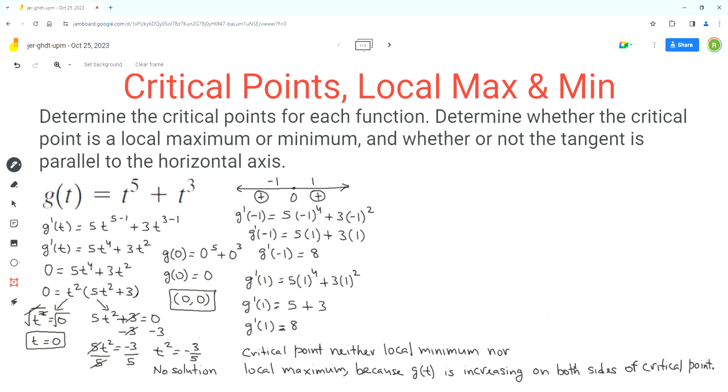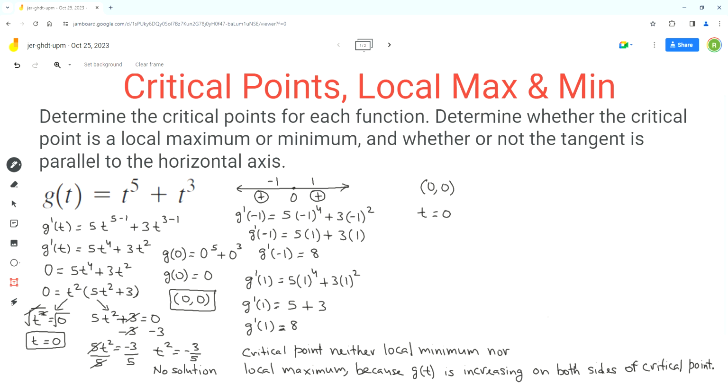So in the third part, we have to find where the tangent is parallel to the horizontal axis. Now at the critical point, so the critical point is 0, comma 0. So the t value is 0.